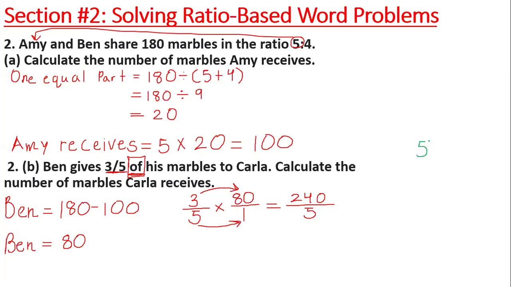How many times does 5 go into 24? 4 times. 5 times 4 is 20. So 24 minus 20 is 4. Bring down the 0.